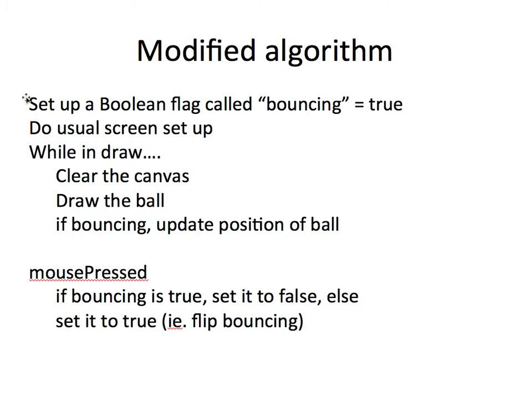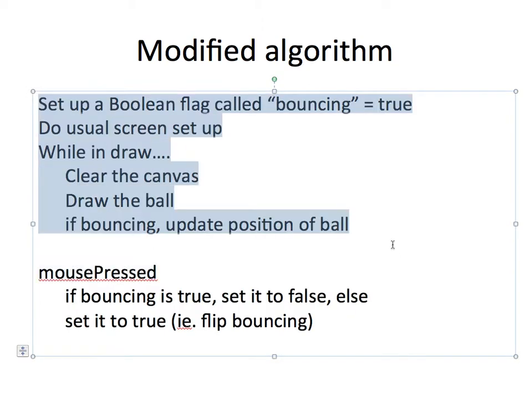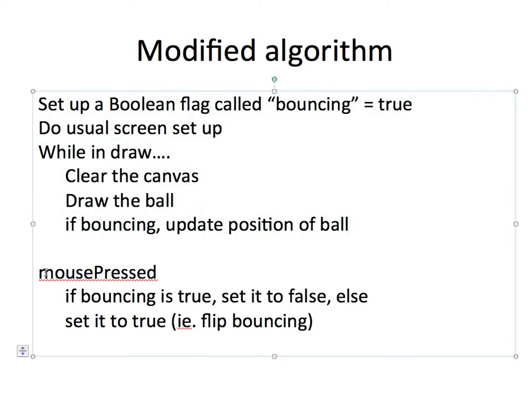So here's a new version of our algorithm. Here we've got the algorithm as before, but we've added this additional section to deal with the bouncing flag. As the mousePressed function is called by triggering an external event, we specify it outside the main loop of the draw function.